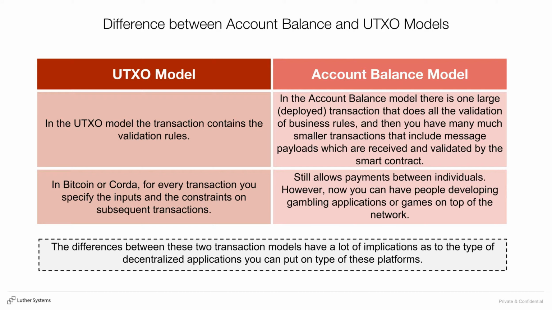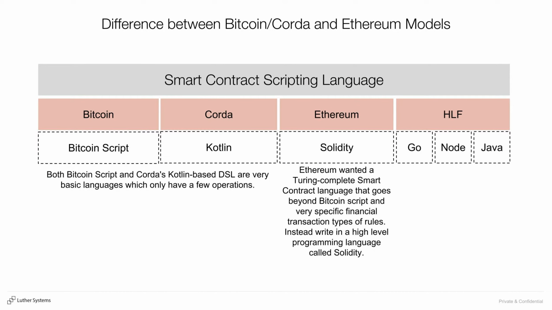Bitcoin, Corda, Ethereum, and Hyperledger Fabric all have a smart contract language. In Bitcoin, it's Bitcoin script. In Corda, it's based on Java, a domain-specific language that runs on Java or Kotlin, which you can think of as an alternative to Java that's compatible with Java.